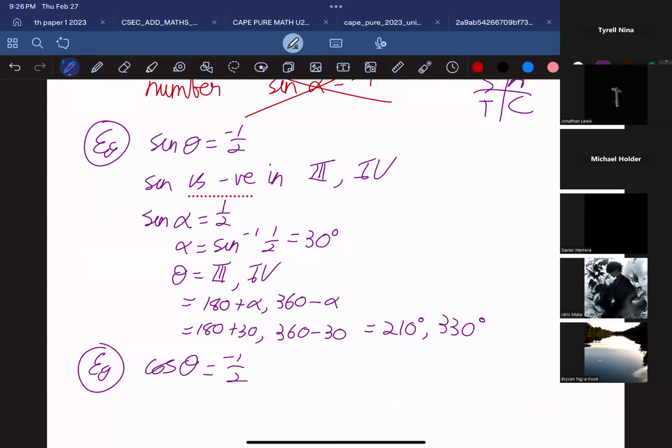All right, so I'm getting the right answer, right? 120 and 240. You do it correctly.